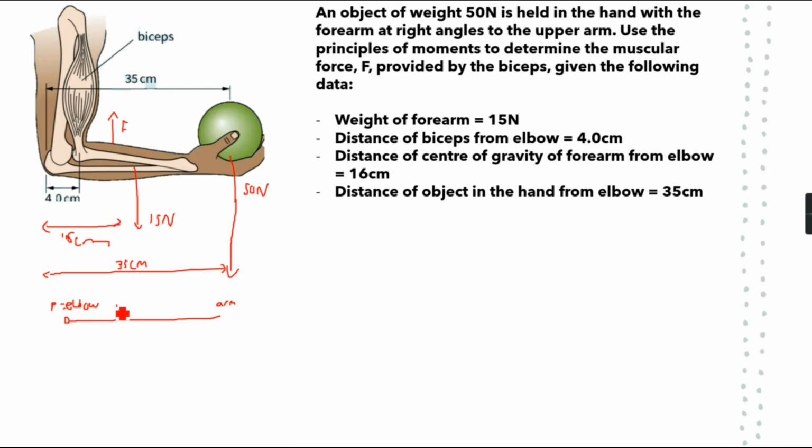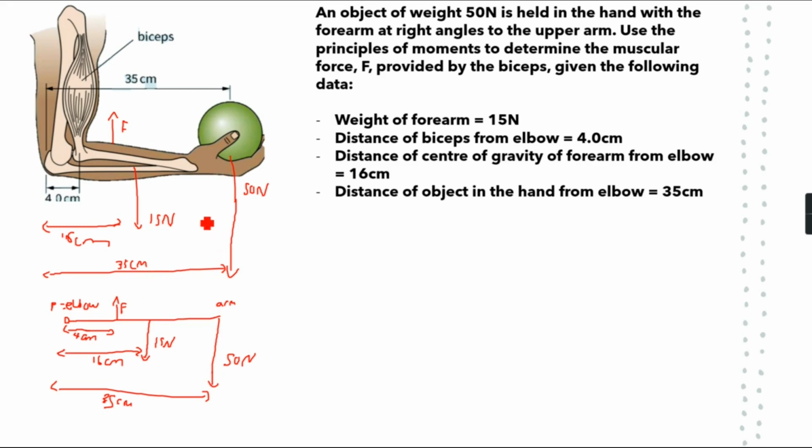So we know the bicep gives a force here of F, and the distance from the bicep to the elbow, we're told, is 4 centimeters. What else have we got? We've got the weight of the forearm, 15 newtons, and the distance is 16 centimeters here. And finally, we've got the apple ball thing with a weight of 50 newtons at a distance of 35 centimeters.